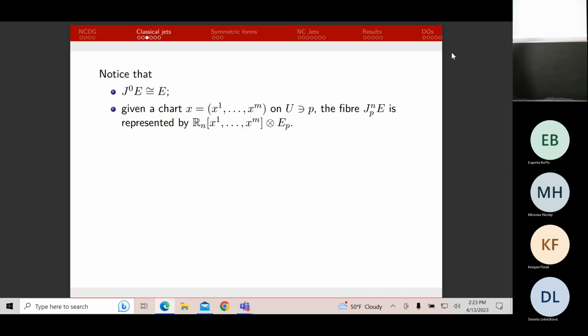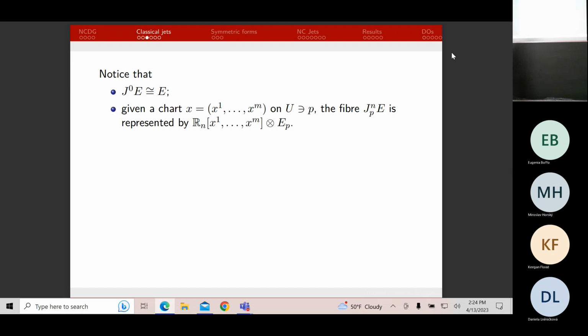Okay, now a few properties, as we saw. Last week, the zero jet coincides with the bundle itself. This is because the zero-order information is just the value of the sections at a point. So values of the sections are in E. This is the only thing that's remaining. Furthermore, we can recover the classical notion of Taylor if we take a chart X in variables x1, ..., xn.